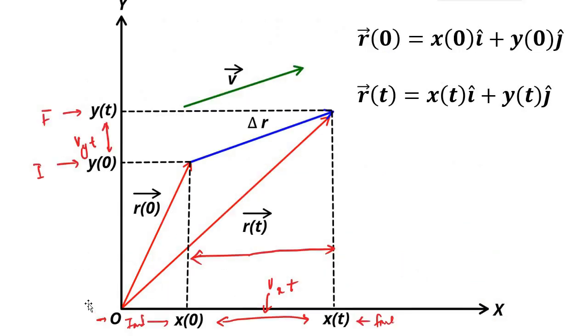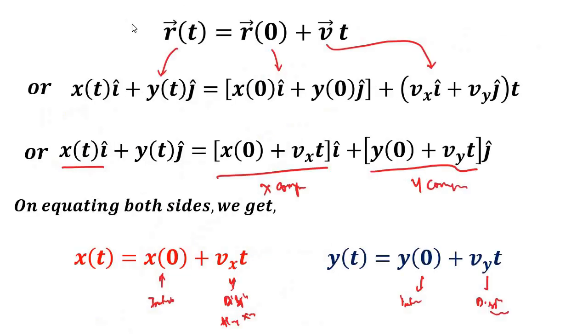And when we combine all of them together, we have rt is equal to r0 plus vt, taking both the x and y components together. rt is equal to xt i cap plus yt j cap, r0 is x0 i cap plus y0 j cap, v is vx i cap plus vy j cap. The only thing we have done is resolve them into their individual x and y components, so that it becomes easier for our analysis.